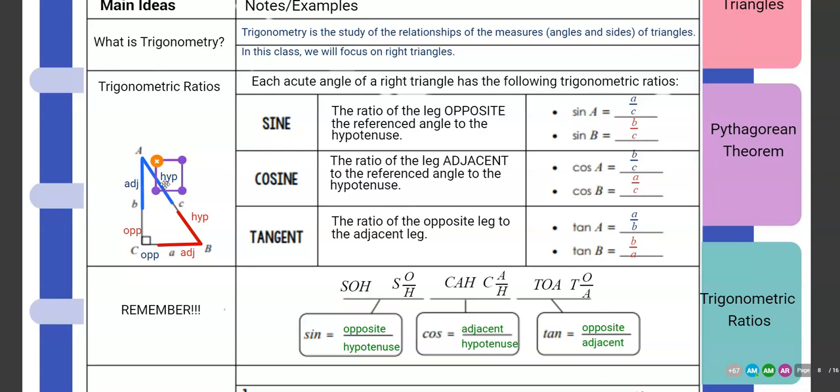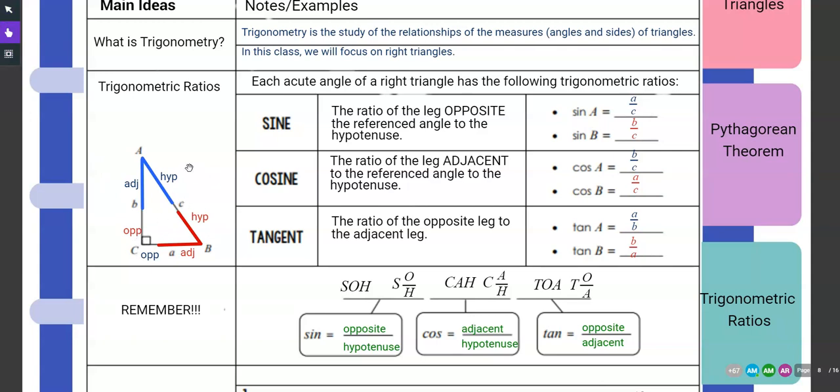Now, the hypotenuse is always the long side. It is across from the 90-degree angle, and it will always be the longest side. So regardless of what angle you're focusing on, the hypotenuse is always in the same place, directly across from the 90-degree angle.